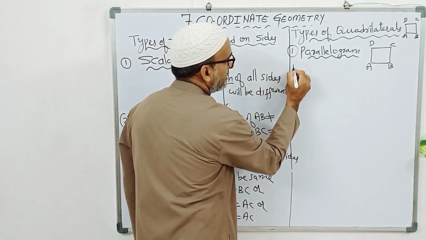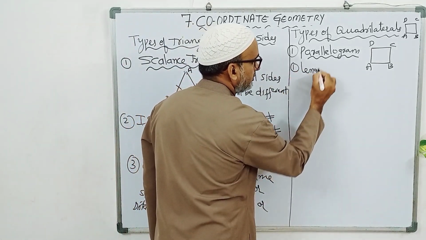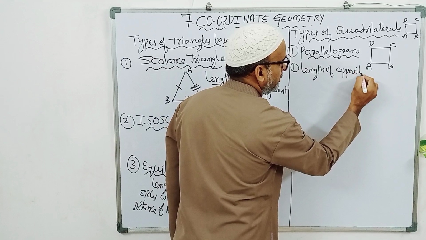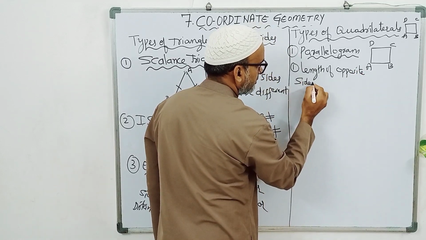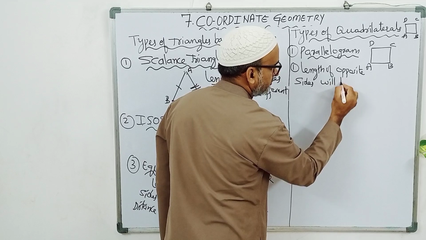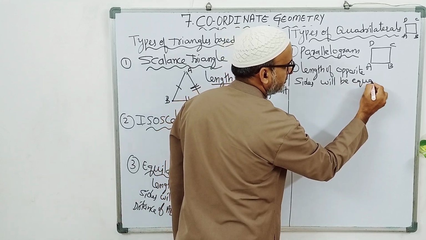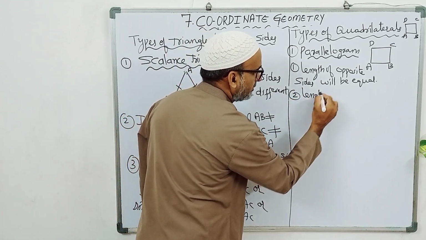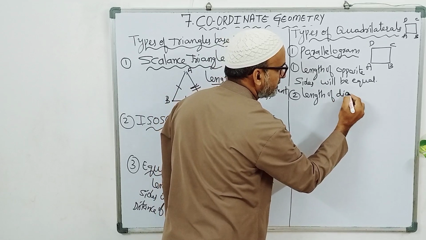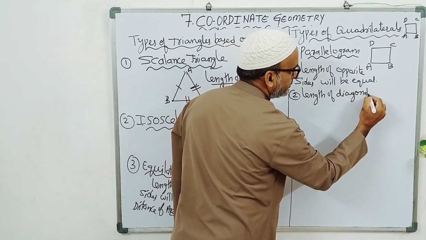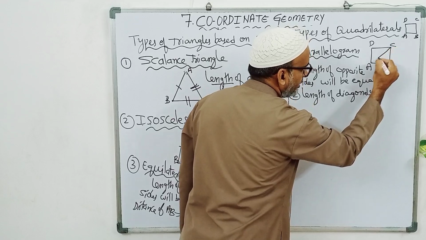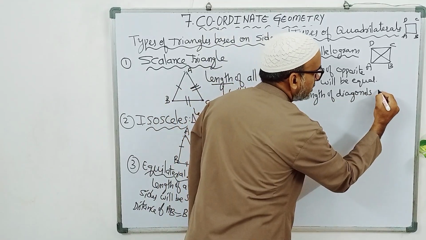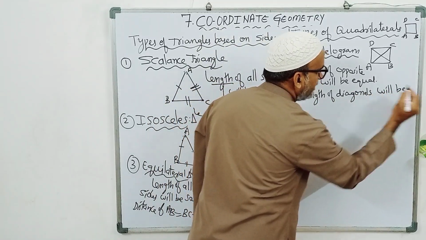The first condition is that the length of opposite sides will be equal. Second condition, the length of diagonals will be different.